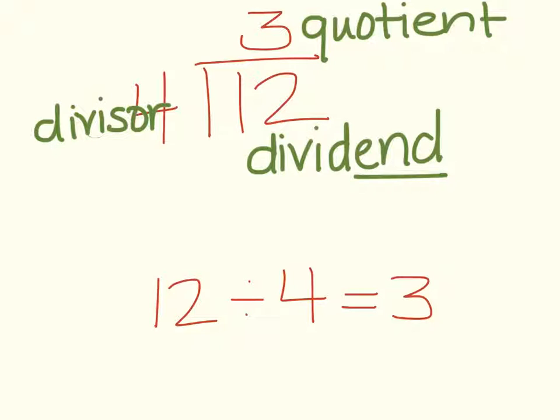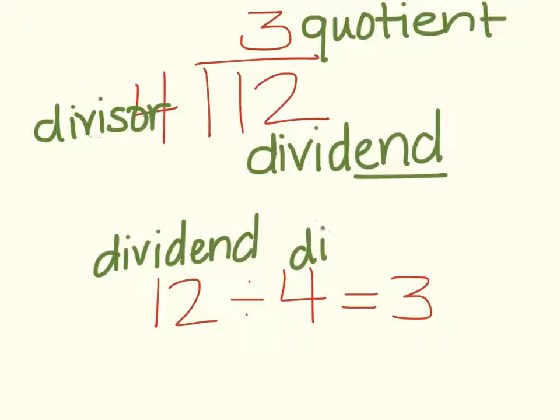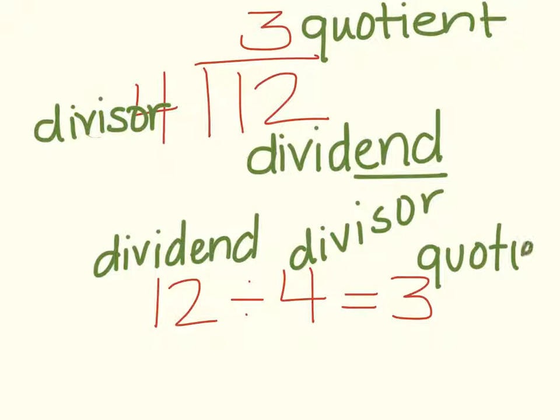We begin with the end, so we would say dividend, and then divisor, and then our quotient. The dividend, the divisor, and the quotient. Finally, the last layout is the one that looks like a fraction. Let's lay that one out as well.